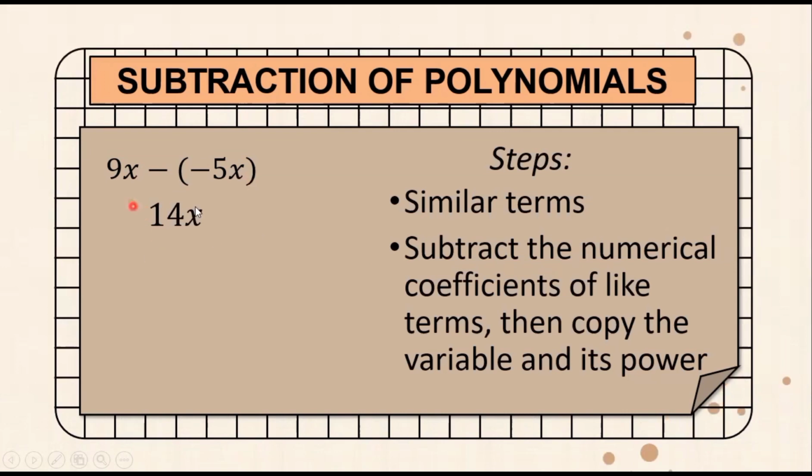Paano naging 14x, sir? Applying COC, copy 9, change, opposite, minus maging plus, 9 plus, and then change the sign of the subtrahend, negative 5 maging positive 5. So 9 plus 5, it's equal to 14. And then you have to bring down or copy the variable and its power. It's x. So our final answer is 14x.